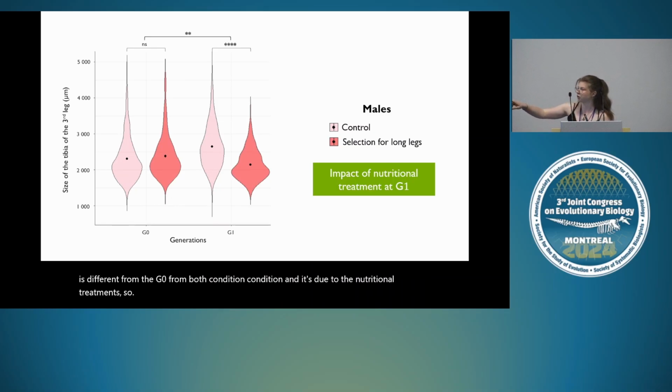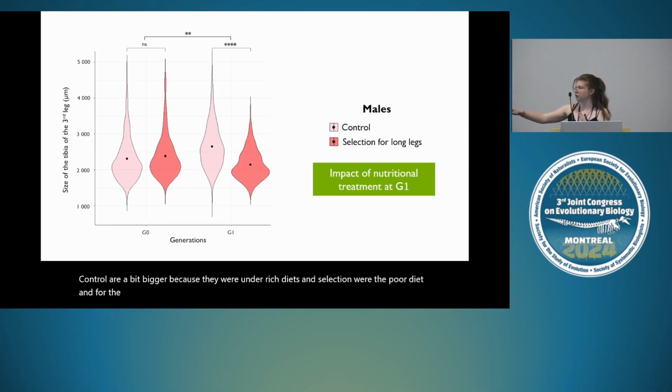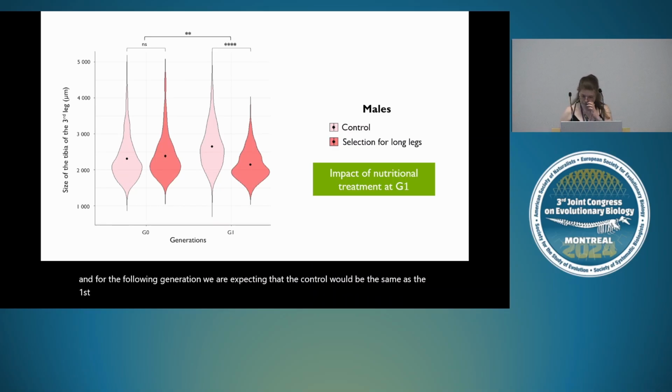Control are a bit bigger because they were under rich diets, and selection were under the poor diet. For the following generations, we're expecting that the control will be the same as the first generation, because the nutritional treatment will be the same.